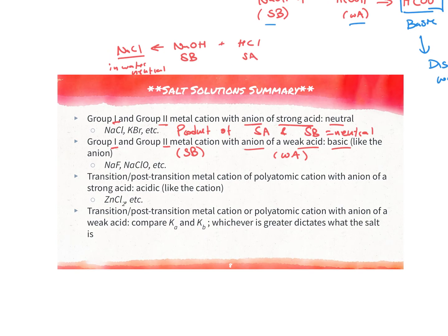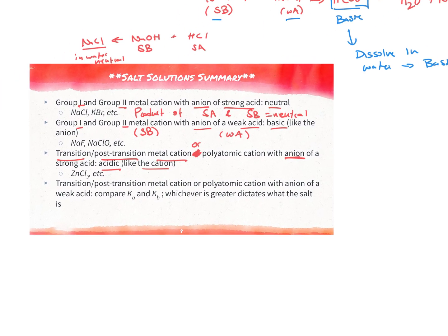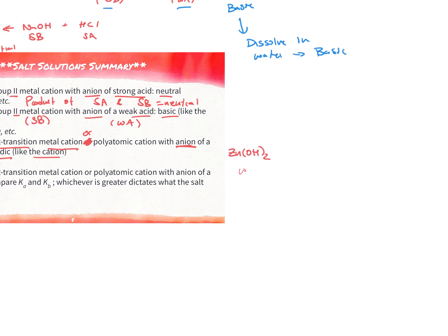Now let's look at this next case. Transition and post-transition metal cations, and this should say or polyatomic cation, with the anion of a strong acid is acidic, like the cation. I know this is very confusing, but I'll give you an example here. So if you look here, we're given ZnCl2. You get ZnCl2 by mixing, for example, zinc hydroxide, this is a weak base, with HCl, a strong acid.